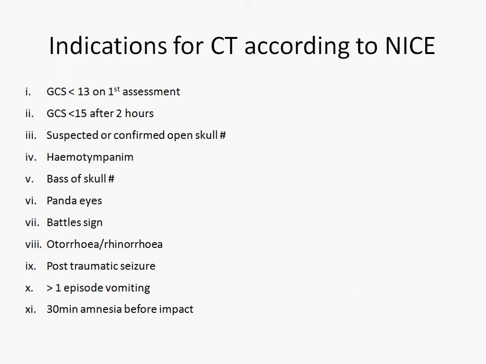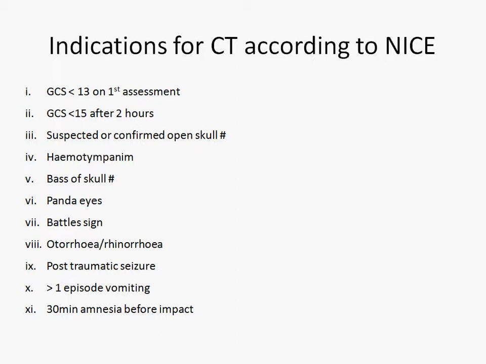Okay, so here is a list of the things that indicate a serious head injury, and therefore justify a CT head according to NICE guidelines. Now sometimes it can be difficult to get your scan accepted, whatever it is, your CT chest, abdo, pelvis, CT head.